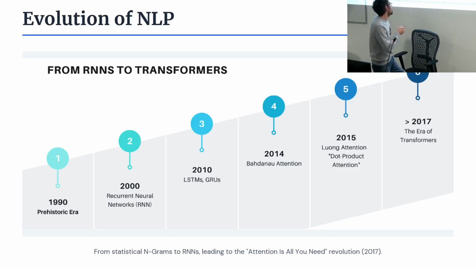These specific innovations were the notion of attention. There is a very famous paper in 2017, which is taken as the year where transformers were born: Attention Is All You Need. Obviously, we will see what this concept of attention is.